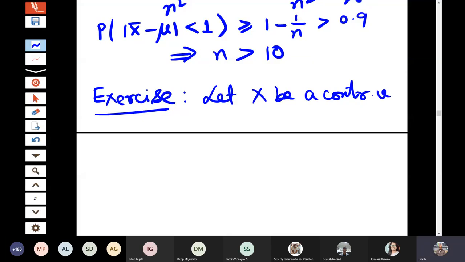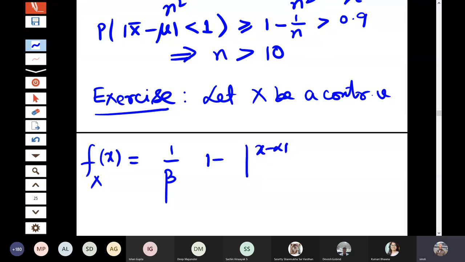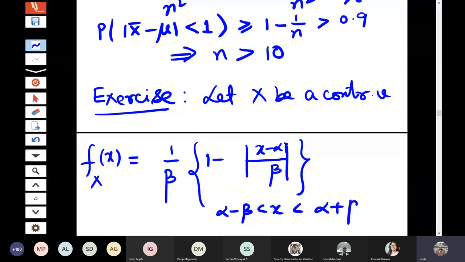Suppose x is a continuous random variable and the density is 1 by beta times 1 minus mod of x minus alpha by beta, where alpha minus beta is less than x less than alpha plus beta, and it is of course 0 at other places.